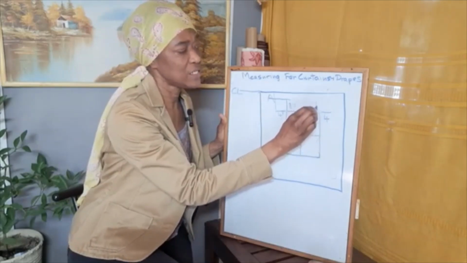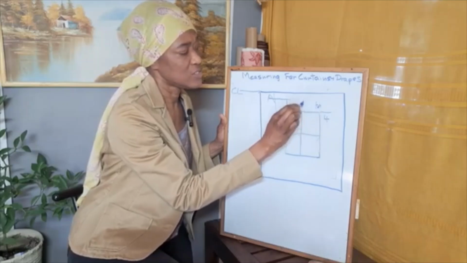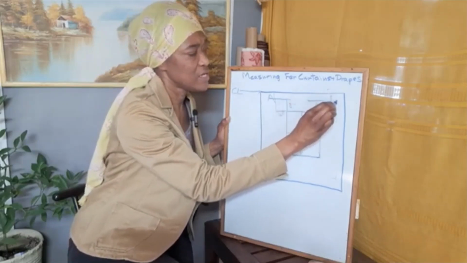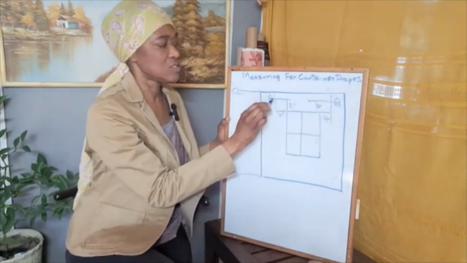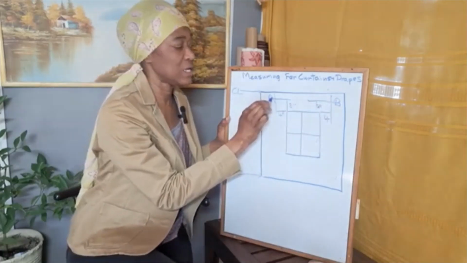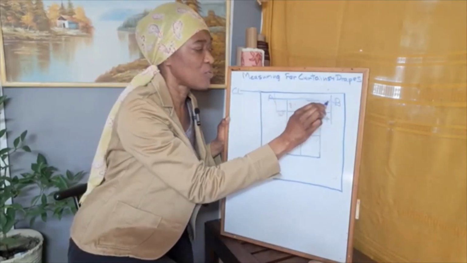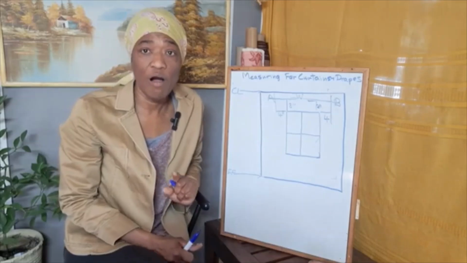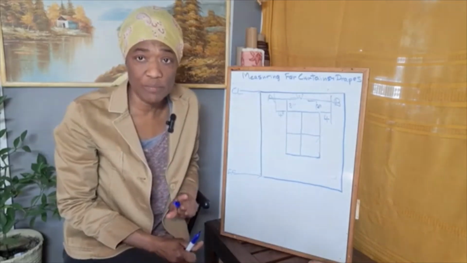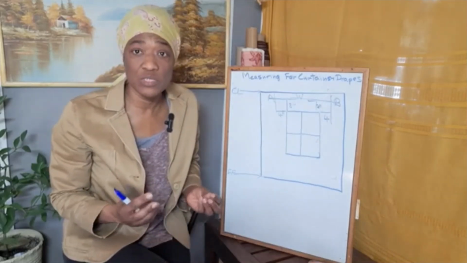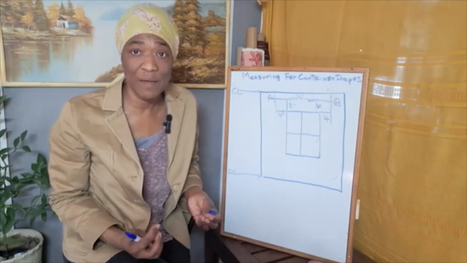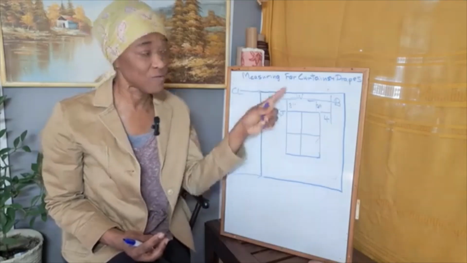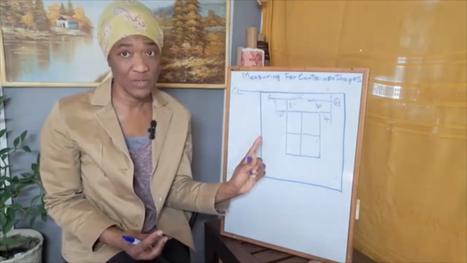We're going up 8 inches, and so where the line intersects over here, it's point B. So we will have a line from point A all the way across to point B. That will be the width of the window treatment. And we're not thinking about fullness or anything like that, because that's another calculation for your fabric. But first we have to get these measurements, right?